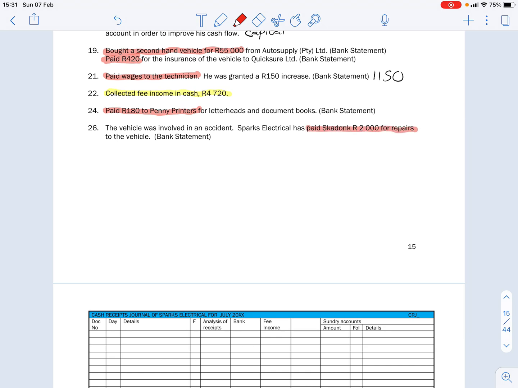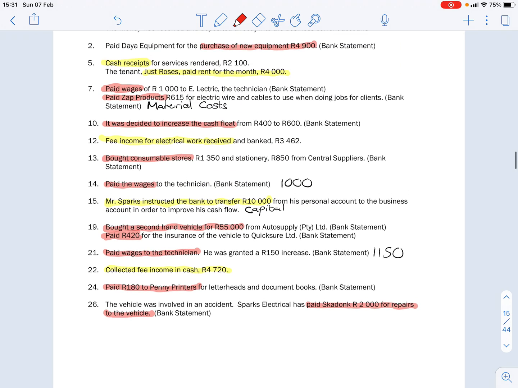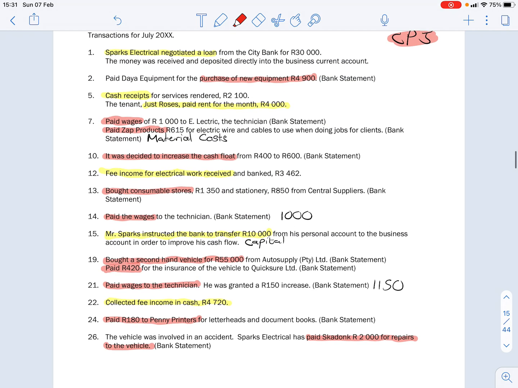We are paying Skadonk, so it is repairs to the vehicle in the CPJ. So we're going to have a look at the CRJ transactions first, followed by the CPJ transactions, and we shall go from there.